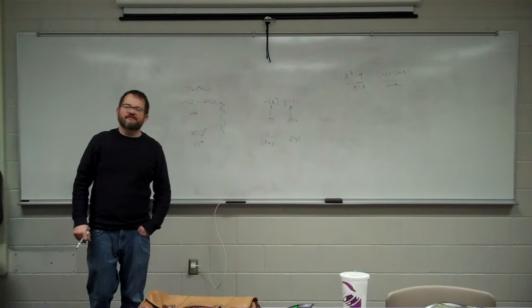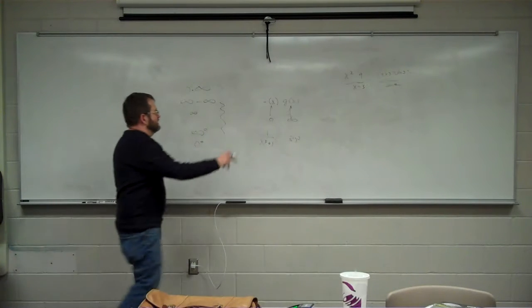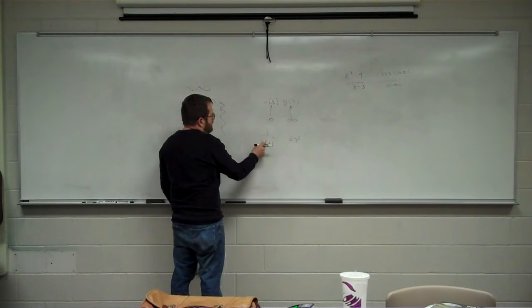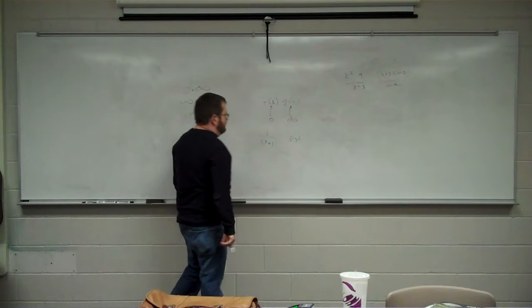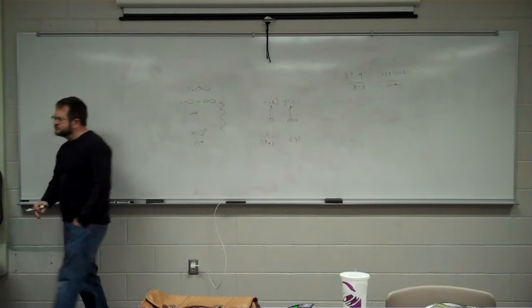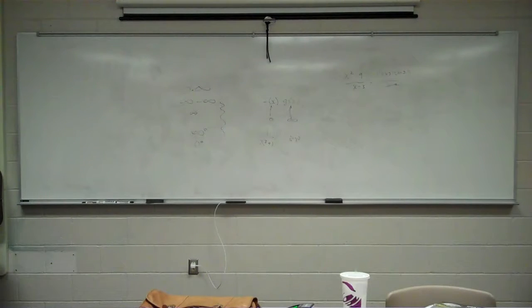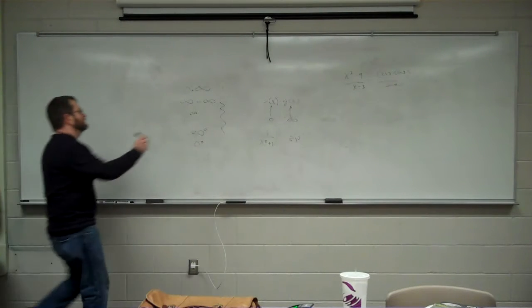As x goes towards infinity, this first term becomes 1 over an infinitely large number. This term goes towards 0, but this term goes towards infinity. This is going to be a 0 times infinity type problem.